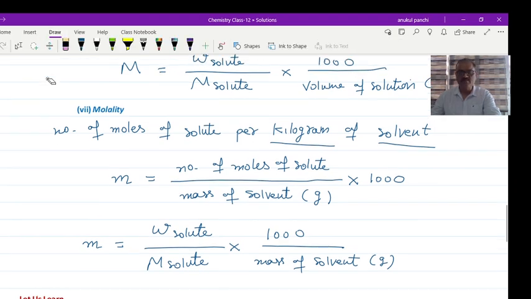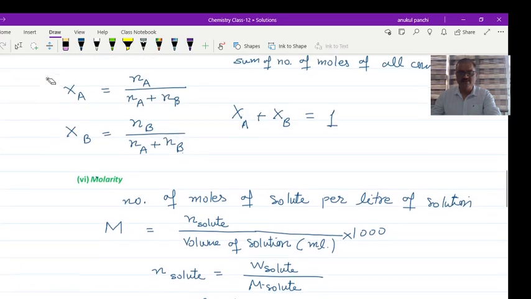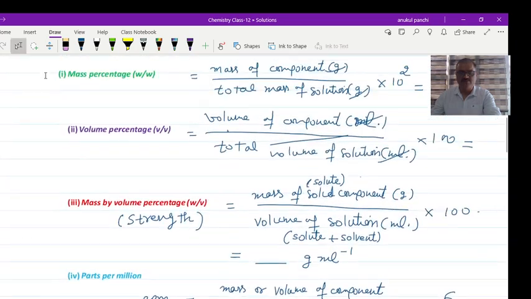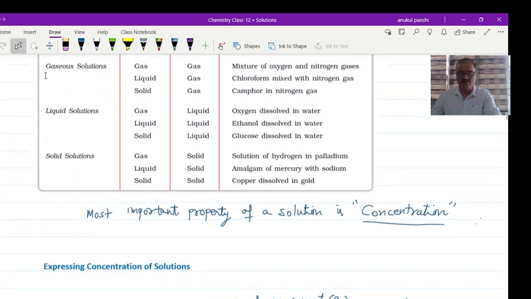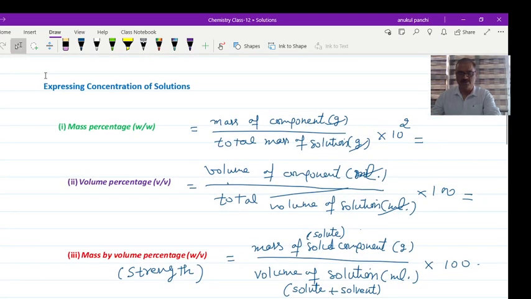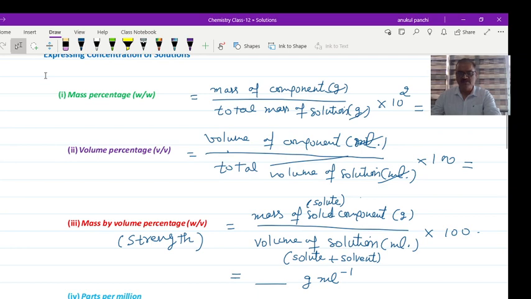So these are the 7 most important formulas which are used to express concentration of a solution. First 3 are very simple. The mass or volume of the component whose concentration we want to calculate, divided by total mass of solution, into 100, 10 to the power 2.